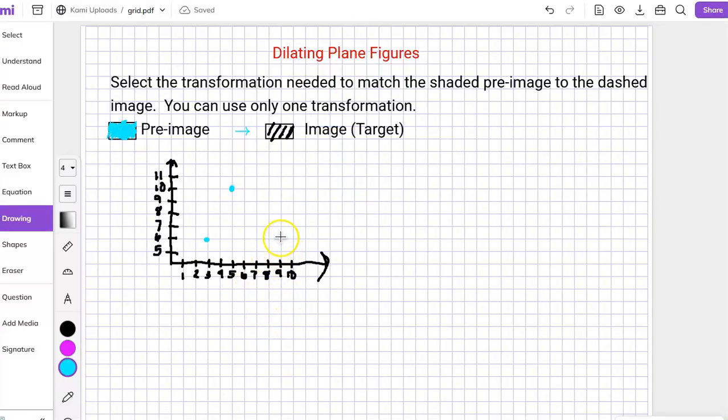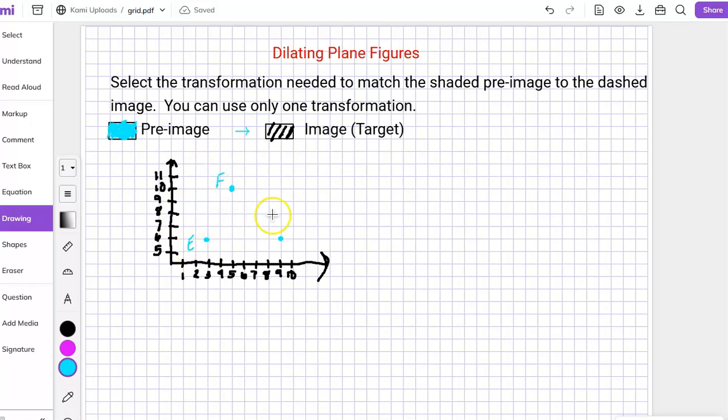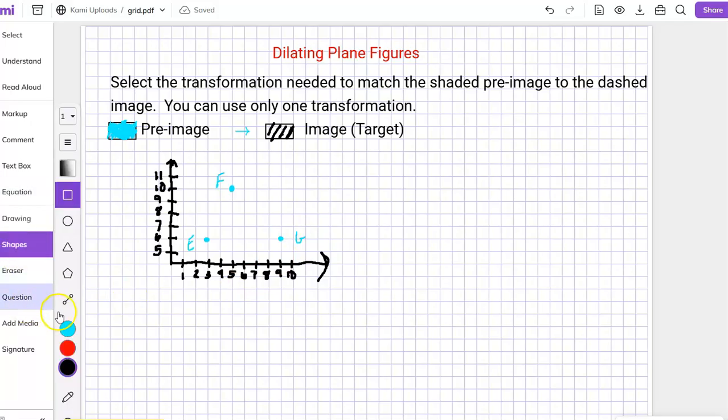I'm going to go over 9, I'm going to go up 6. Okay, so this is point E, F, and G. I'm then going to connect my points.